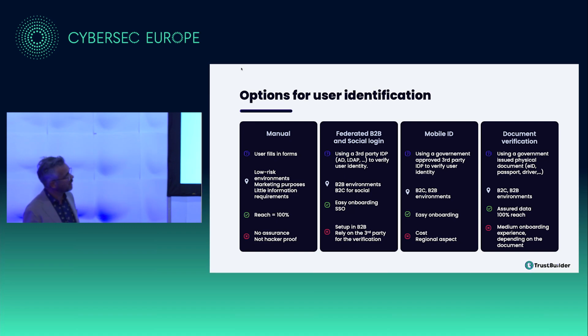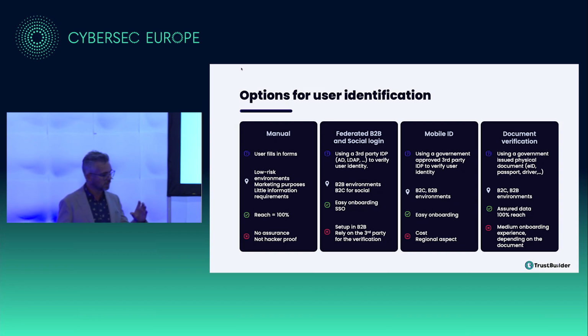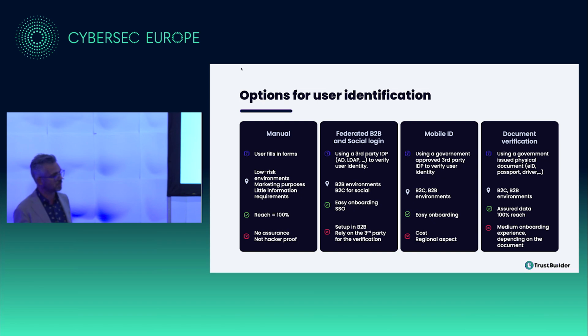And then the last step is really using document verification, where you take a picture of your ID card. The ID card has a picture of you as a person, you match it with your Face ID, and then that data is validated. The advantage is it can be used in B2C and B2B environments, and especially in countries where there's no mobile ID, like in the UK, for example, or in Germany.